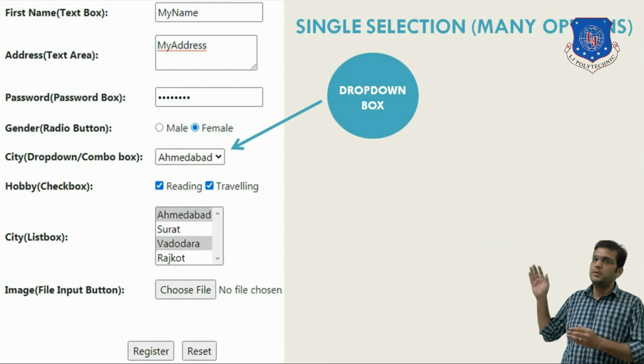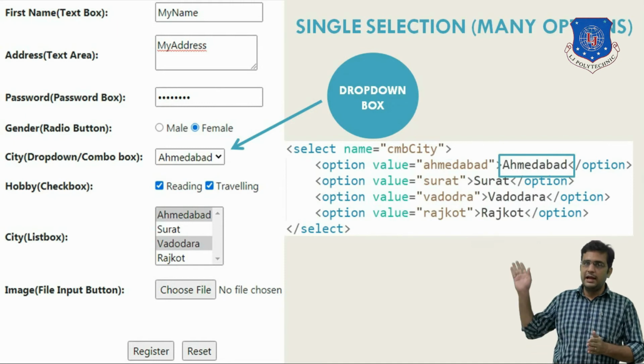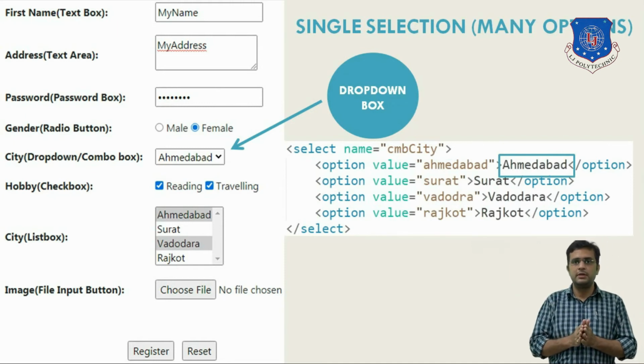So here is the code to create a combo box. This is a form element in which the input tag is not used. The select tag is used to create this form element. We have to set the name property first of all for this form element, and inside the select tag we need to mention the options between option tags as shown over here.